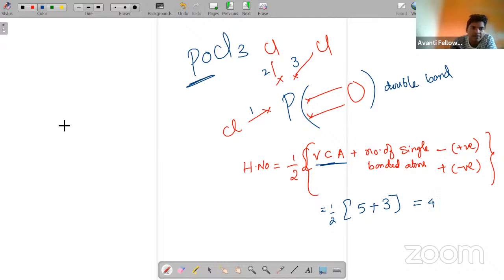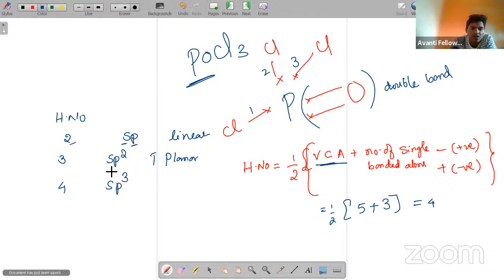Remember, if the hybridization number is 2, we call it sp, and the geometry is linear. If it is 3, it becomes sp2, trigonal planar. If it is 4, it becomes sp3, that is 1 s orbital and 3 p orbitals, and this is tetrahedral.